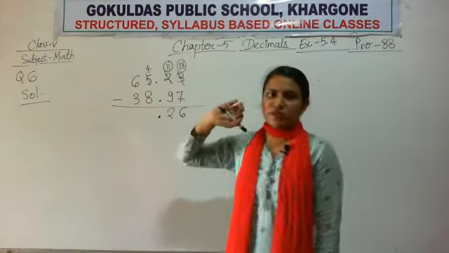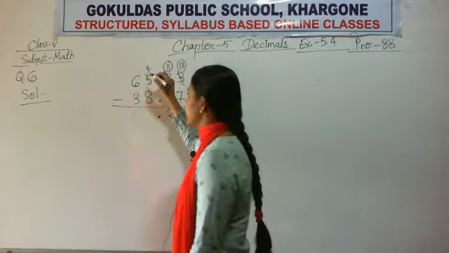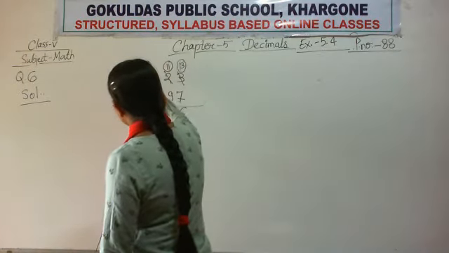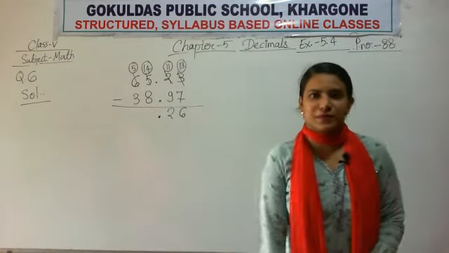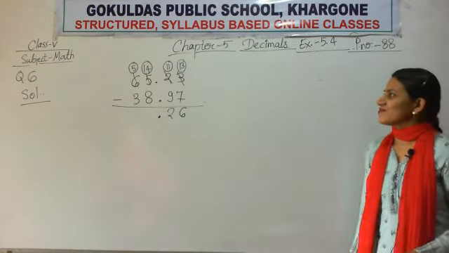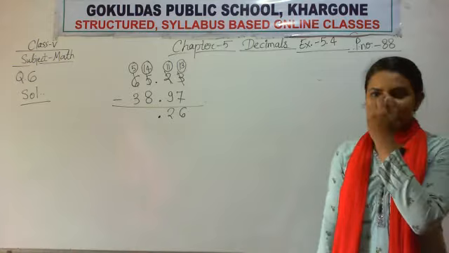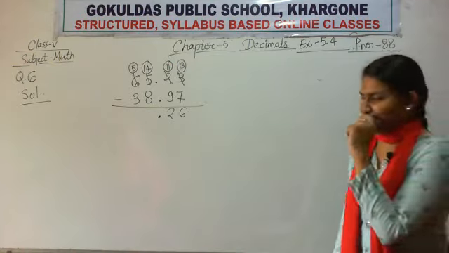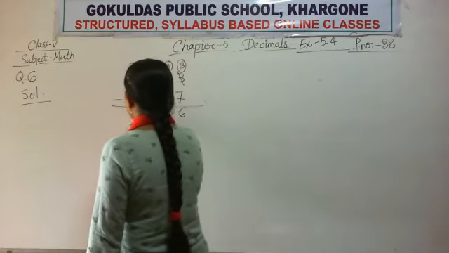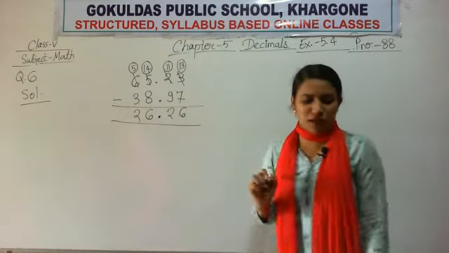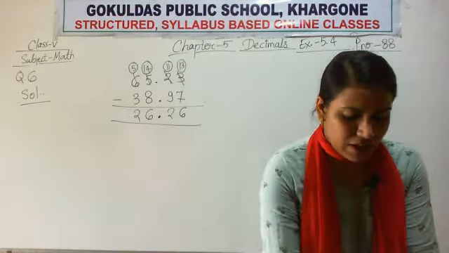4 minus 8 is not possible, so take a borrow from the neighbor. It becomes 14. Here only 5 is left. Now 14 minus 8 is 6. Now 5 minus 3 is 2. We found the difference. Okay. Read the question carefully.